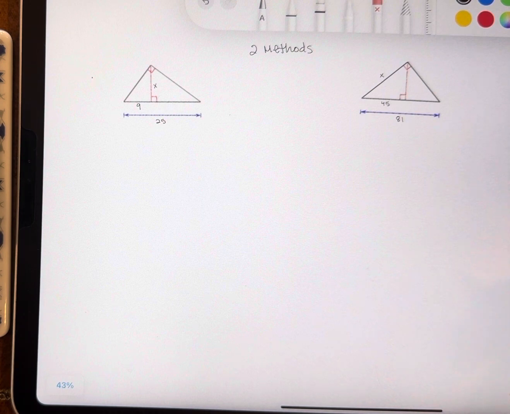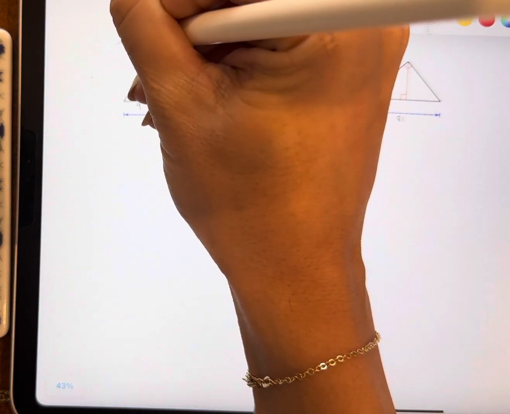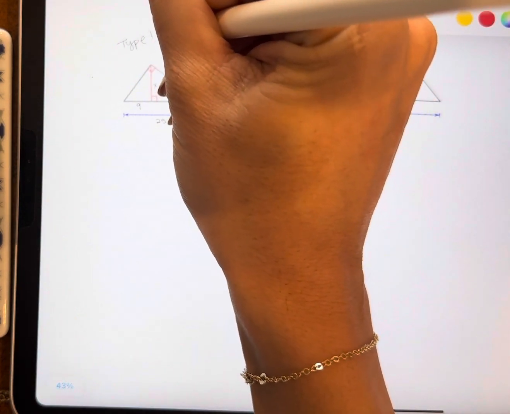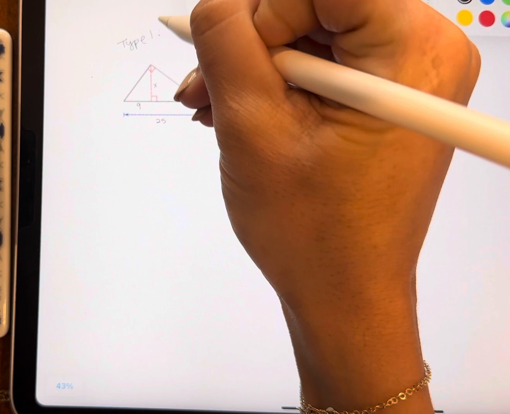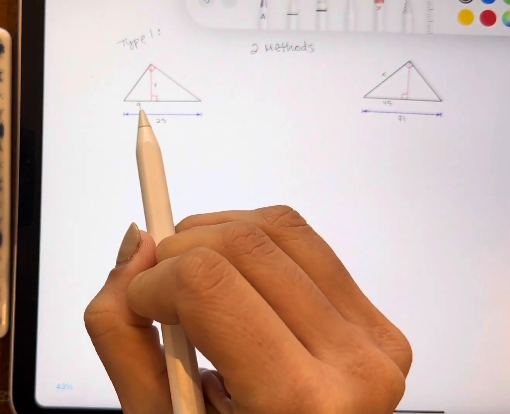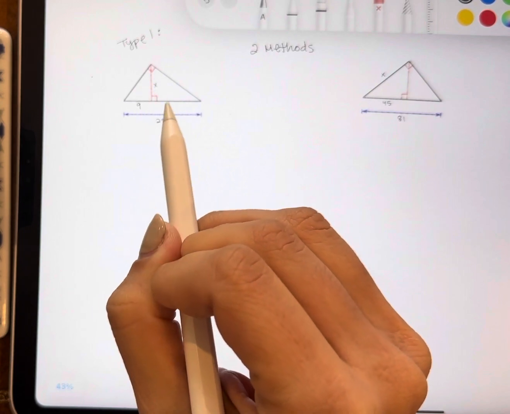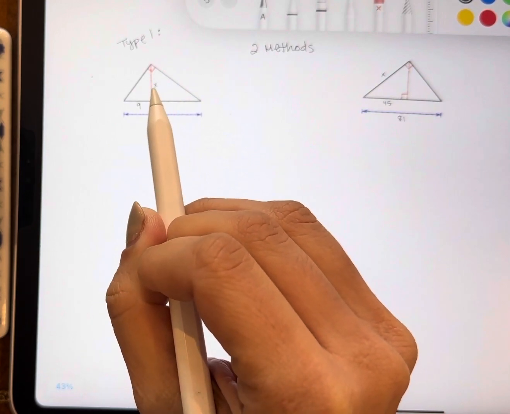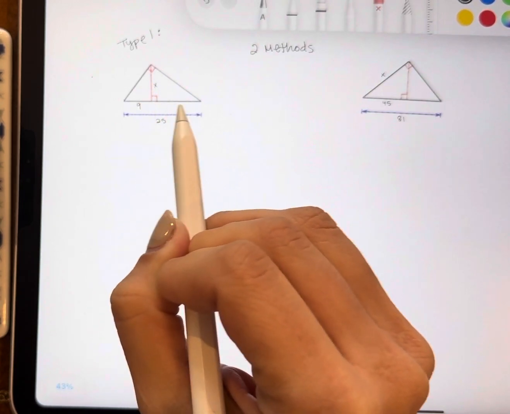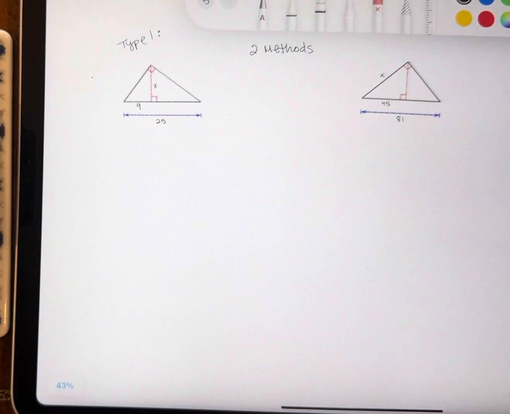You guys can decide. First, these problems come in two types. There's type 1, where we've got the inside sort of way. We've got the altitude and the hypotenuse of the largest triangle.